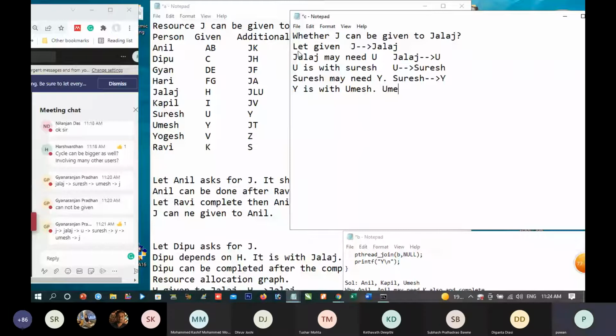Y is with Umesh. Umesh may need J. Is this all right? So we see that there is a cycle. What is the conclusion?